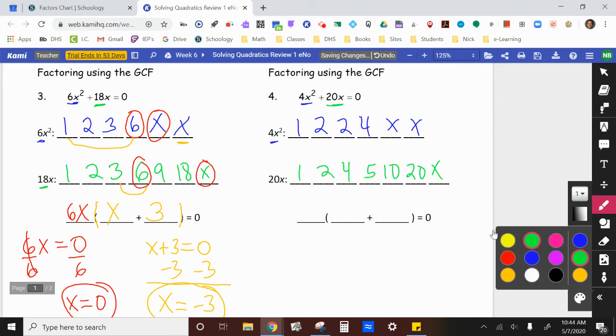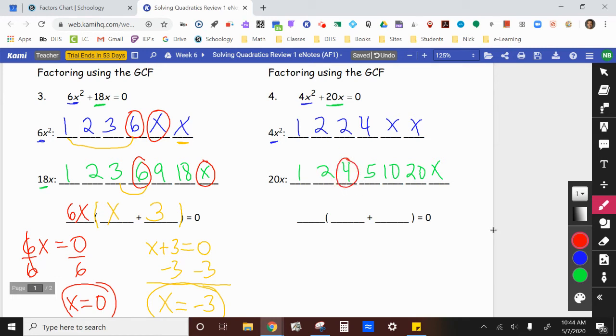Awesome. So now we want to find our GCF, our greatest common factor. Well, let's see. My greatest number in common is going to be a 4. And now I see that they both have an x. So therefore, my GCF is 4x.